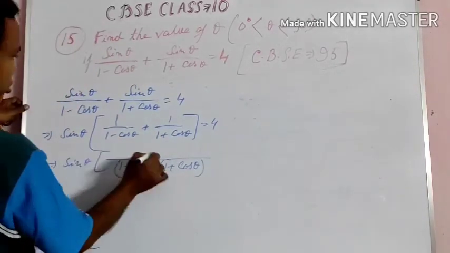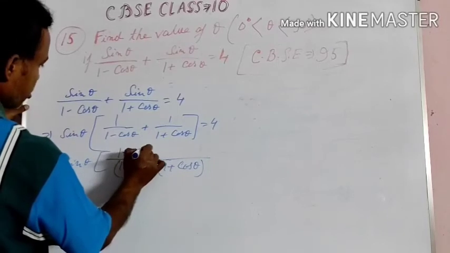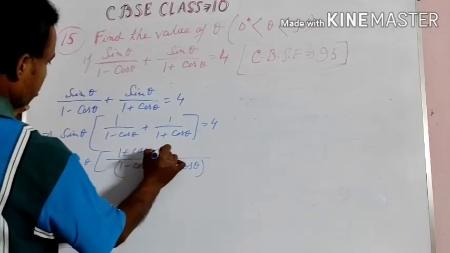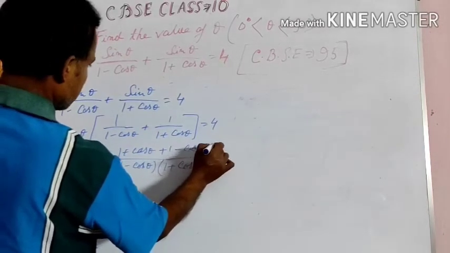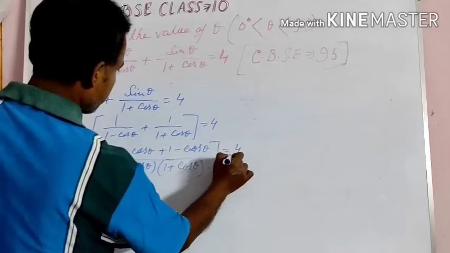Here this will be 1 plus cos theta and plus 1 minus cos theta, is equal to 4.